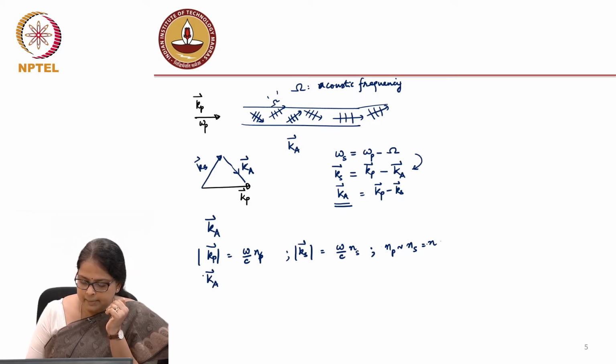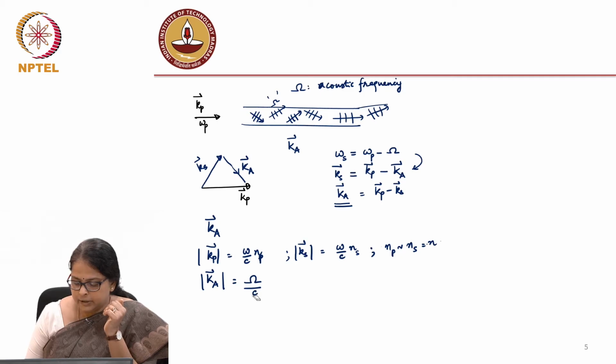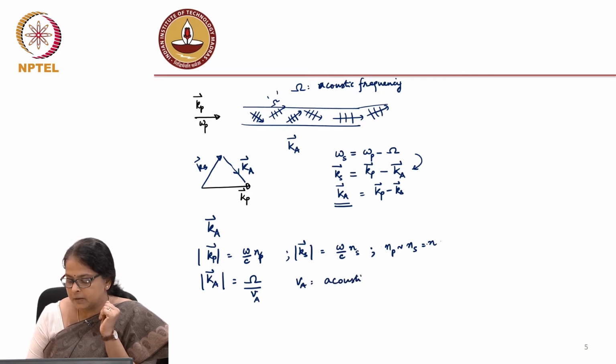Similarly, Ka is the wave vector corresponding to the acoustic frequency, that is omega divided by, instead of c, because it's not an electromagnetic wave but an acoustic wave, the acoustic wave velocity VA in the medium. So VA is the acoustic velocity corresponding to the frequency capital omega in the medium.